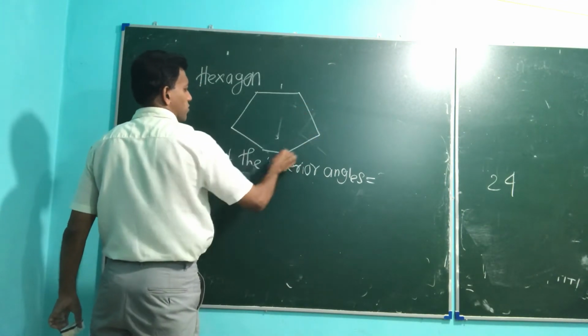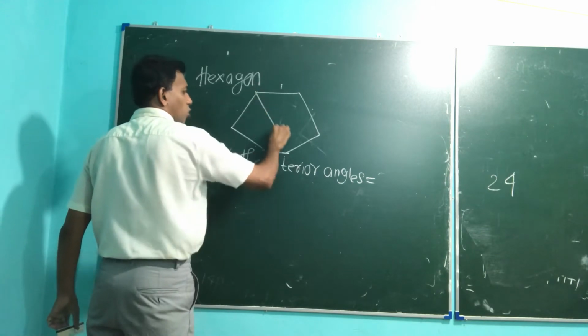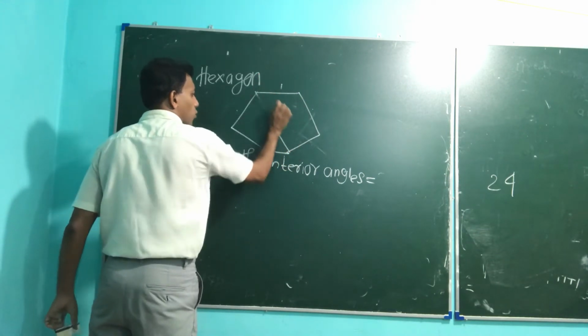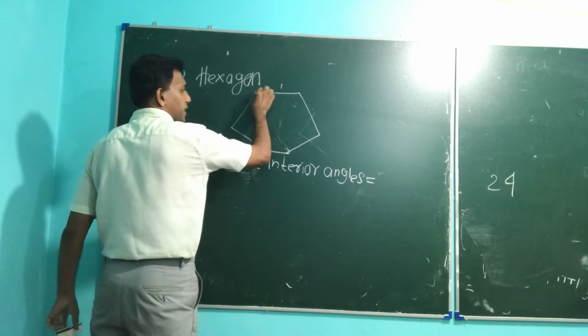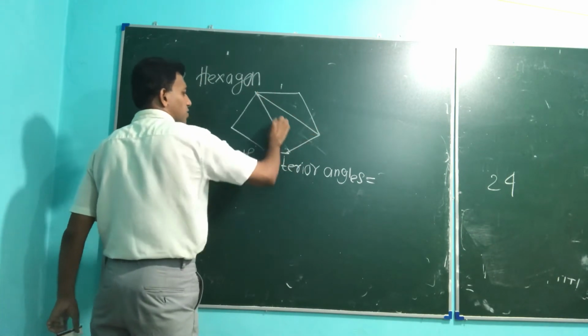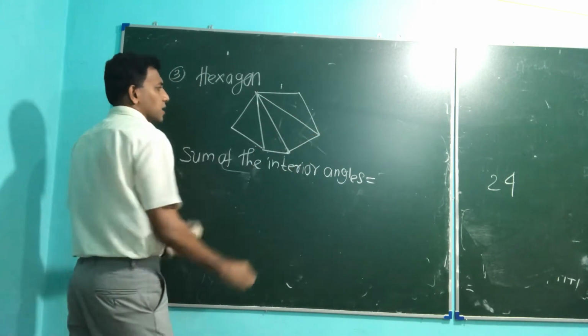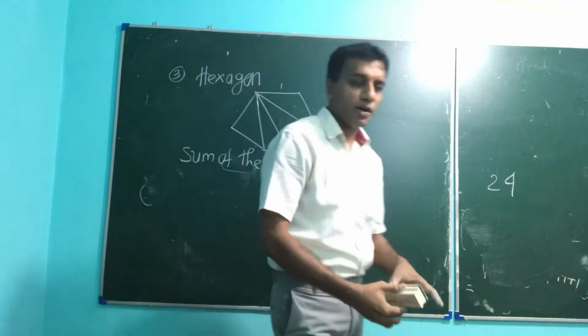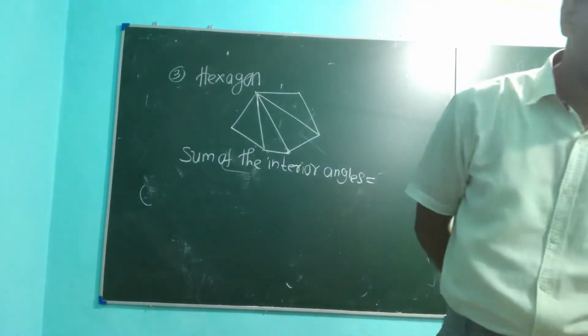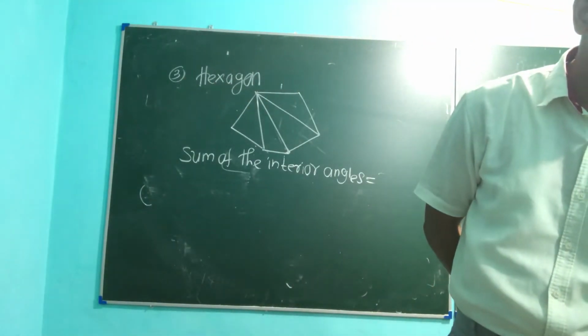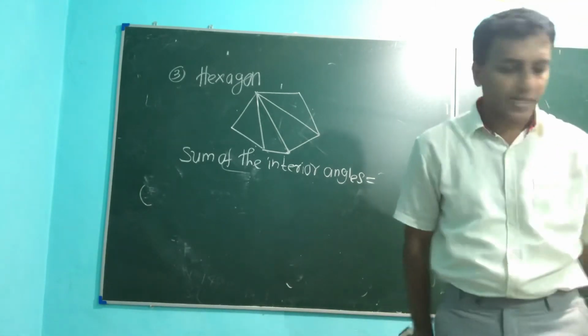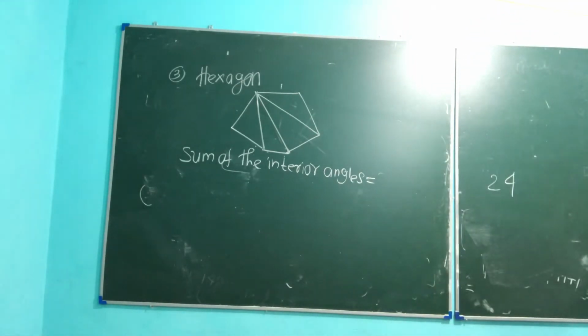One, two, three, four, five, 6. See how many triangles can be drawn by joining the vertices. Like this, there are 4 triangles available in a hexagon.